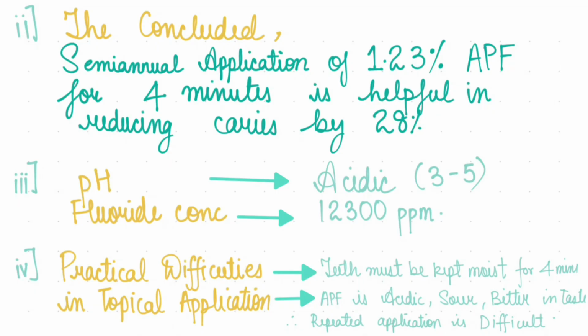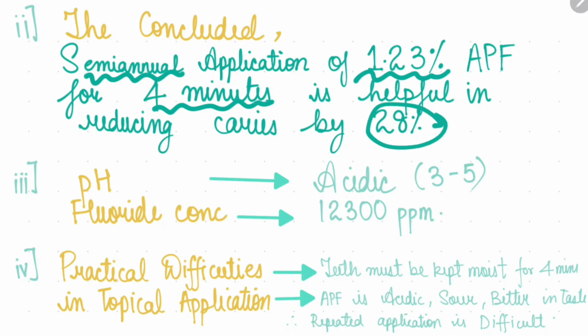And then he concluded that semi-annual, by semi-annual we mean 2 times a year, application of 1.23% of APF for 4 minutes is helpful in reducing caries by 28%.